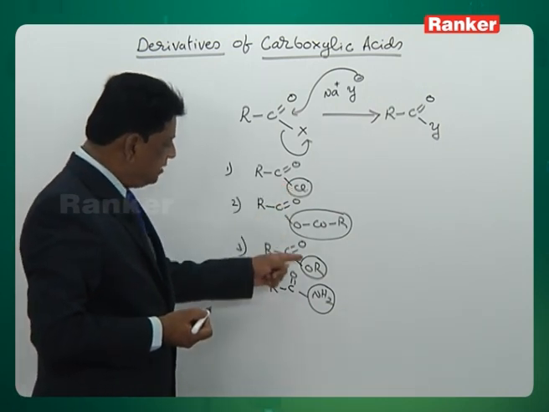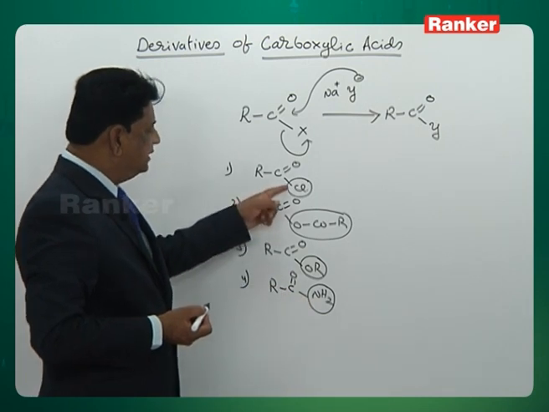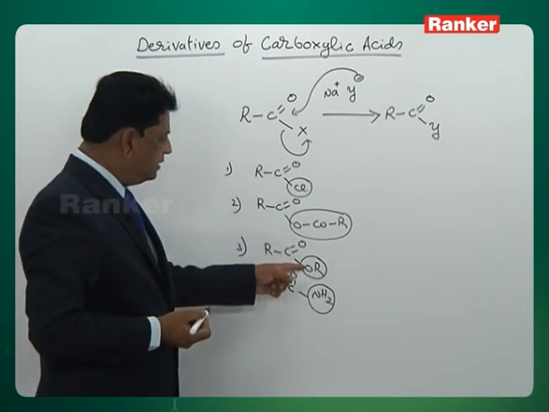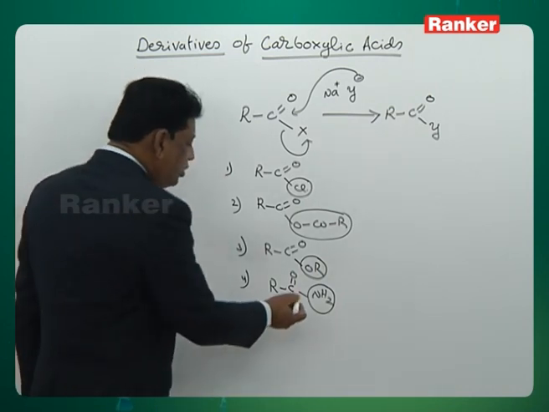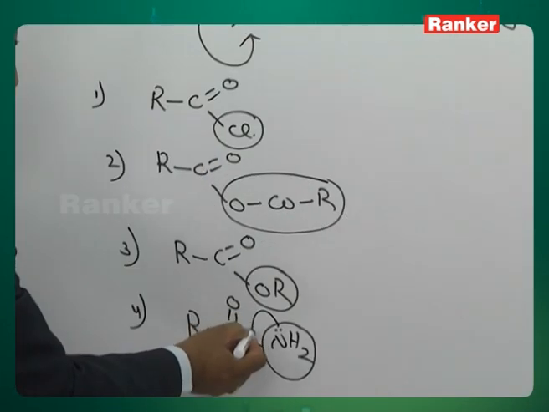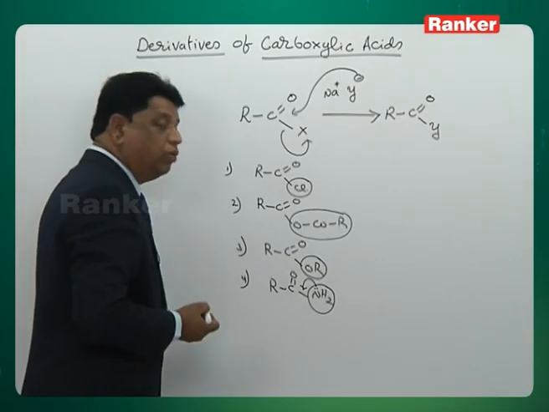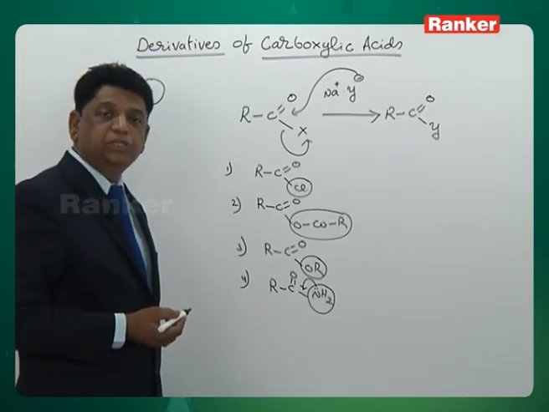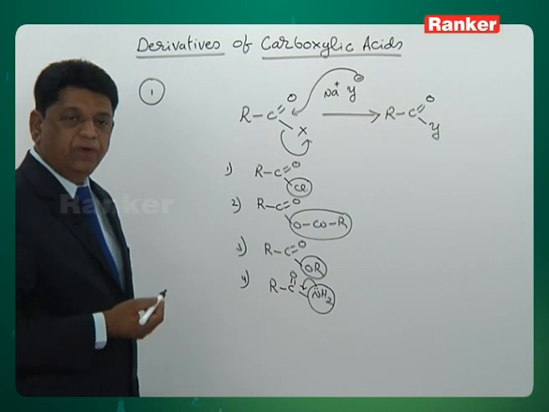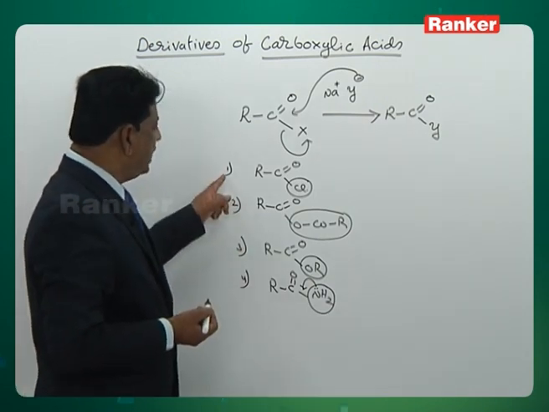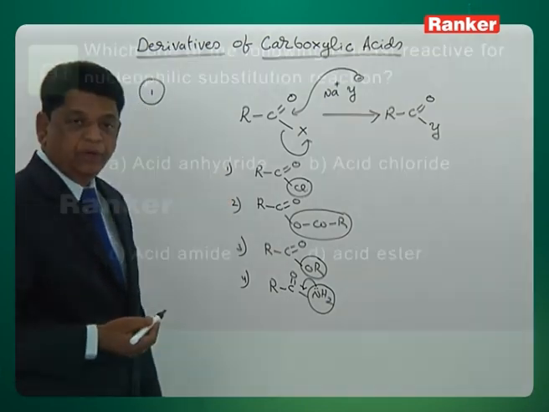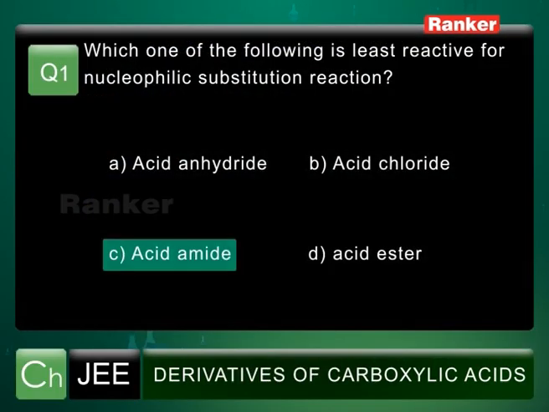So, if you compare the basicities of these 4, this is the weakest base, then a little stronger, and NH2 minus is the strongest one and shows a very strong plus mesomeric effect, and therefore it will not go out at all. The outgoing property of NH2 will be least. So, amides have the least outgoing property, and the most reactive will be the acid halides. Therefore, option C, acid amide, is the right answer.